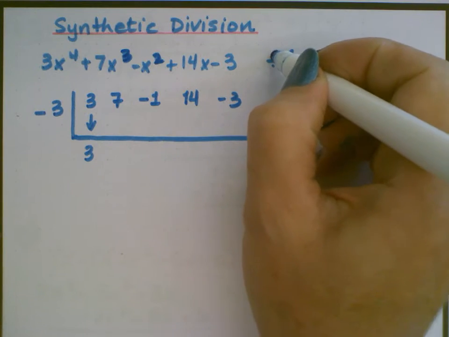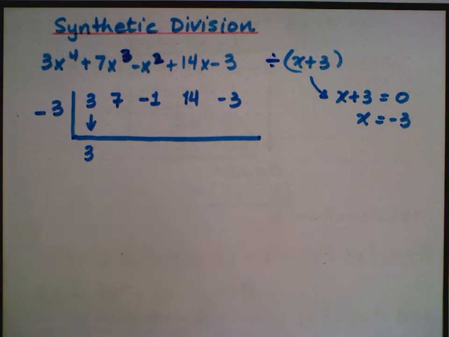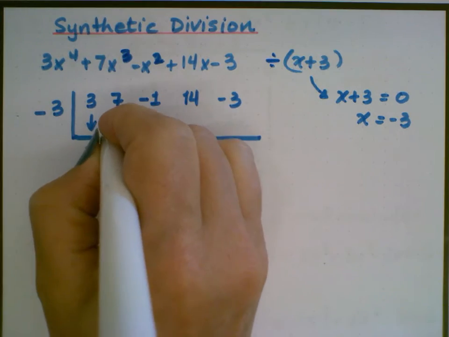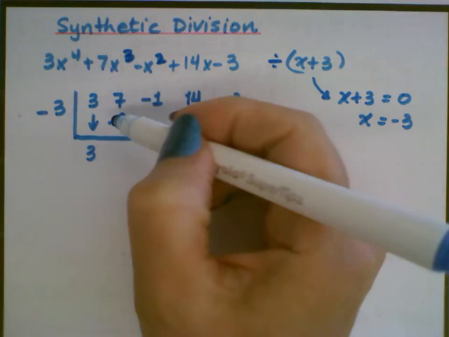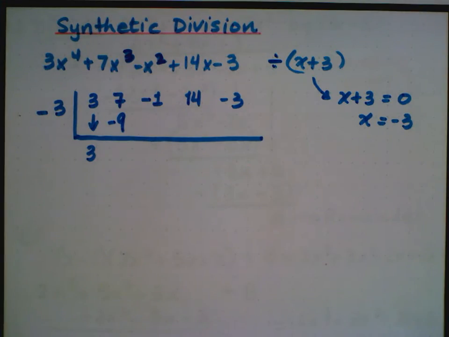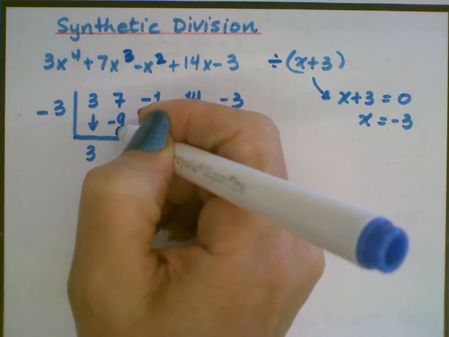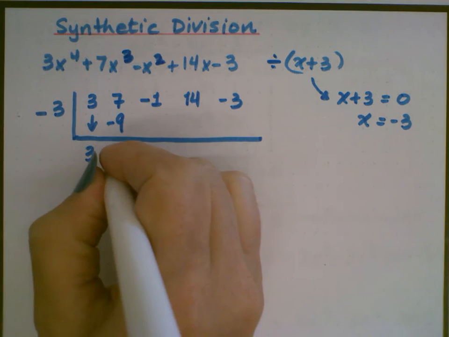So that's the power of this method. Negative 3 times 3 is negative 9. That number goes in this position under the 7. And then I add in the column. So 7 plus negative 9, or 7 minus 9, is negative 2.